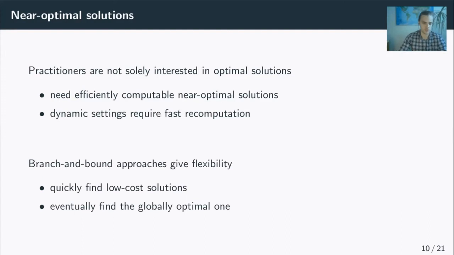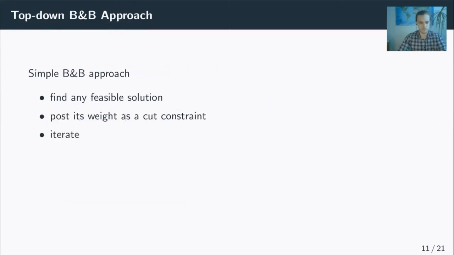And we think branch and bound approaches give exactly this flexibility. They can quickly find low-cost solutions, and eventually will also find the globally optimal one. So let us have a look at this simple top-down branch and bound approach. You would find any feasible solution, so any feasible tree, and then post its weight as a cut constraint.